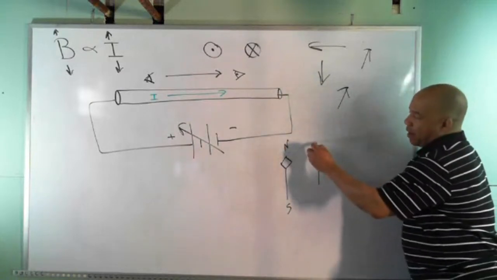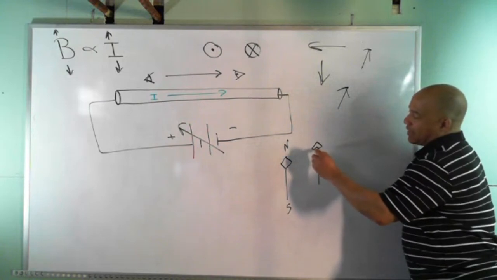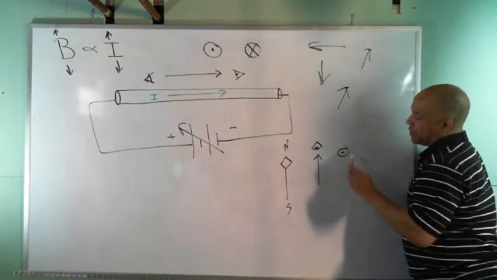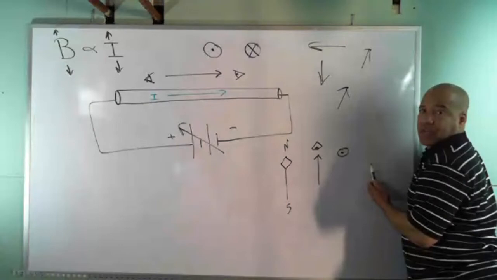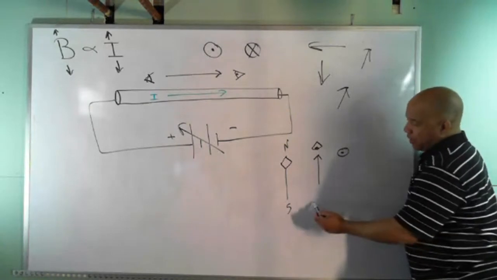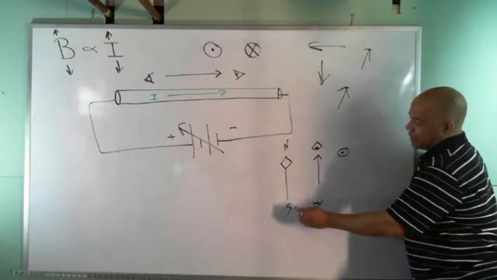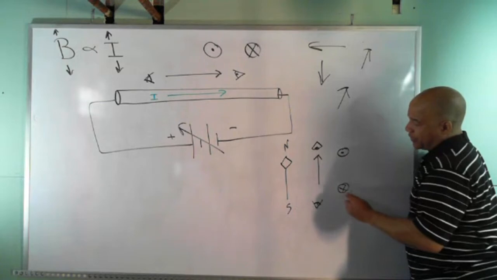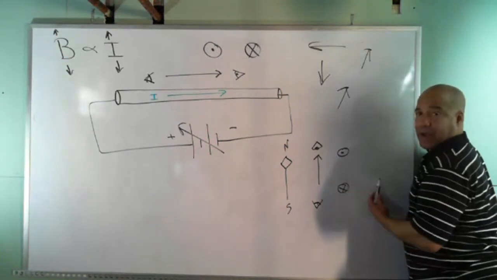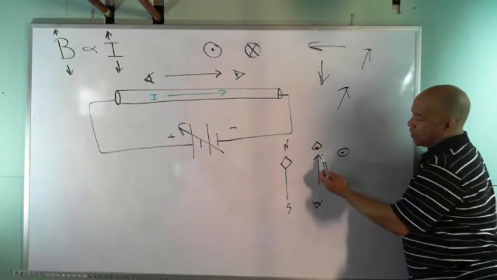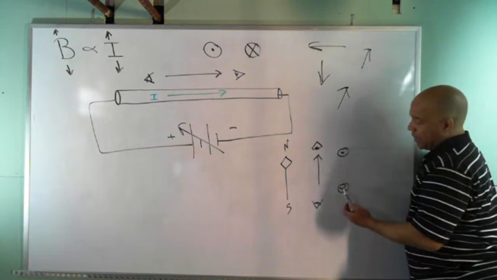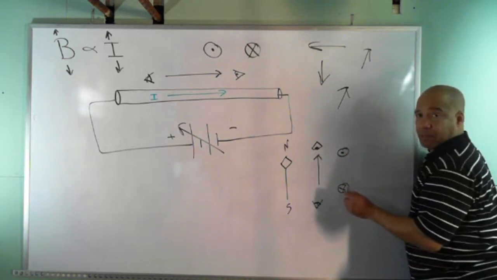Well, if this is your eyeball and you're looking at that, what you're seeing is this. That magnetic flux line is coming towards your eye. Whereas if your eyeball is down here and you're looking at that South Pole, what you see is this. It's coming away from your eye. Here's magnetic flux flowing towards your eye. Here's magnetic flux flowing away from your eye.